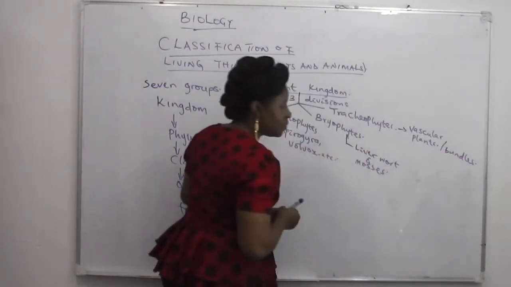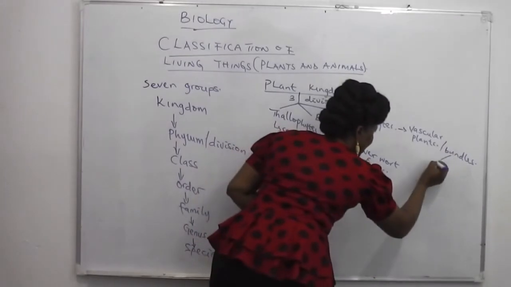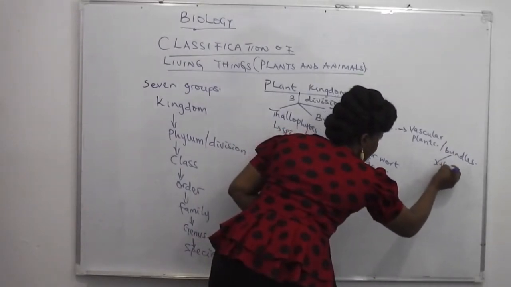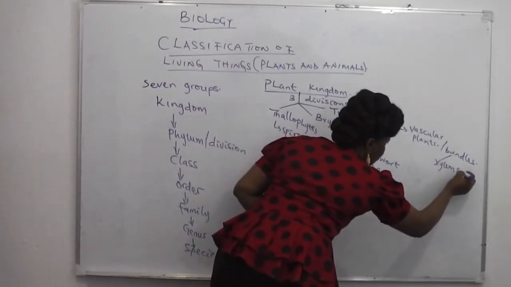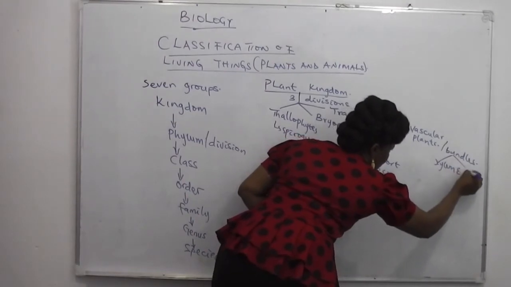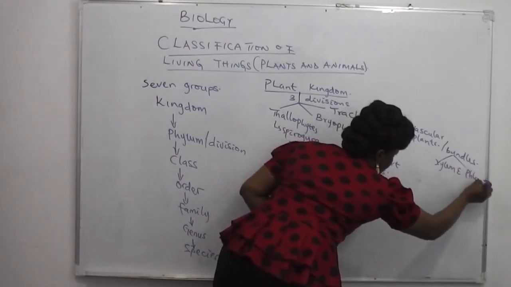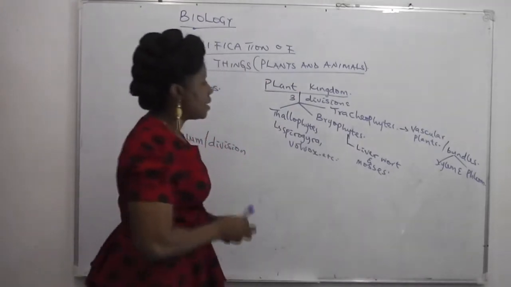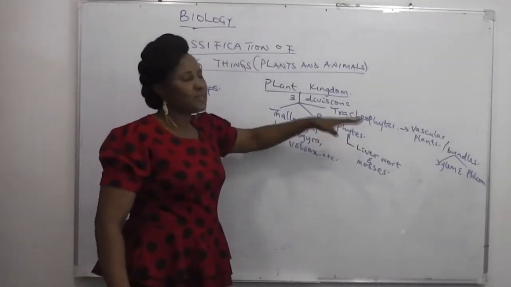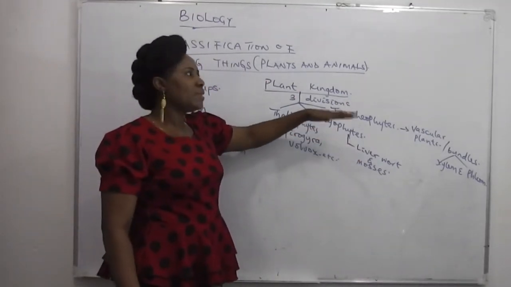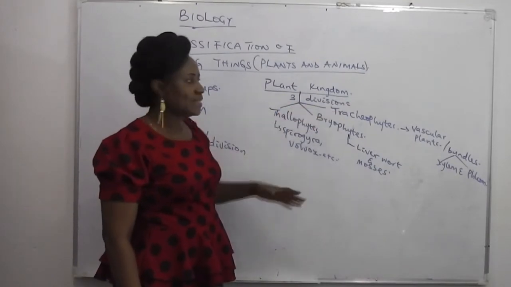And these vascular bundles include the xylem and the phloem. The xylem and the phloem are what help them to be among the highest plants in the plant kingdom.